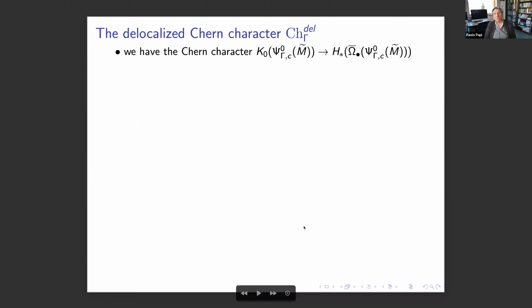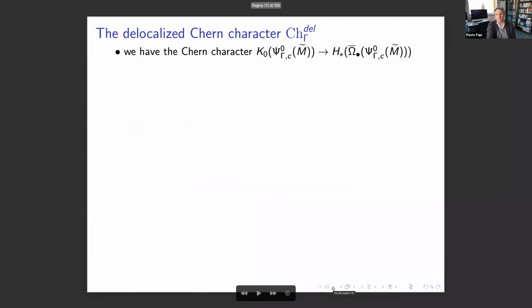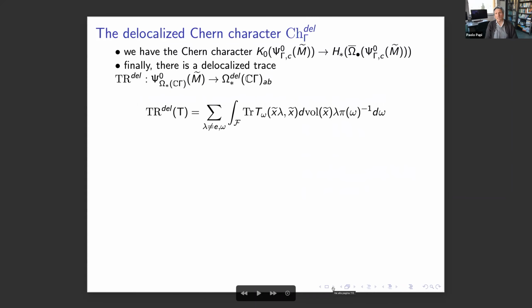Okay, so now there is a Chen character, a very general Chen character that you can define. And there is also a delocalized trace, which I defined for you here, associated to a zeroth order pseudo-differential operator with differential form coefficients.